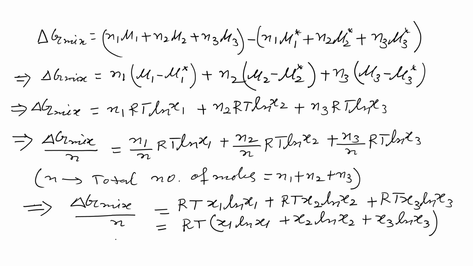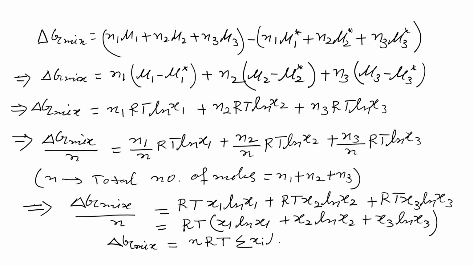So from here, this N will come here: delta G mixing equals N R T times the summation of xi ln xi, if more components are there.